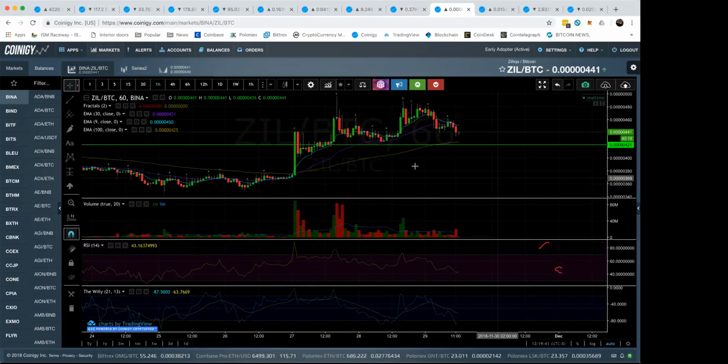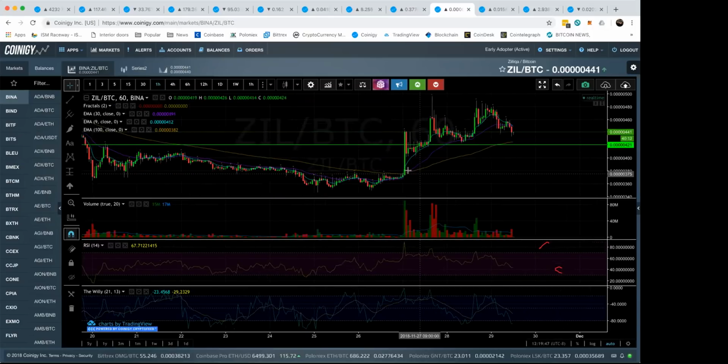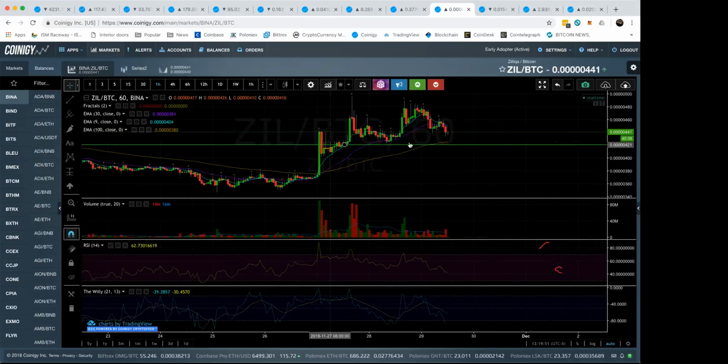ZIL had a really nice run, as you can see here. This green line was an area of prior resistance that became support, and now we are looking to it for support. It is now falling in line with the 100 EMA. So now we have 2 areas for ZIL for really strong support, the 100 and the prior support resistance line.